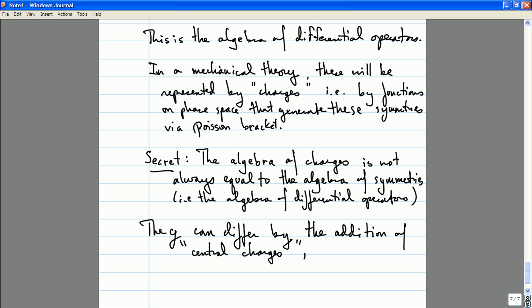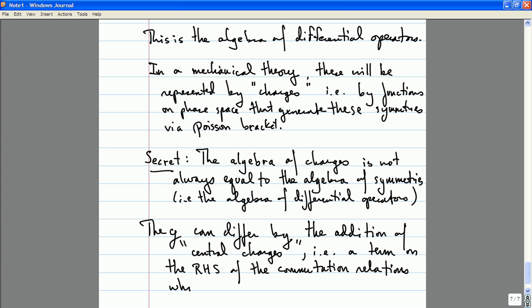A central charge is an additional term on the right-hand side of the commutation relations. And this term can't be an operator, it just has to be a number. So this term will commute with everything else.